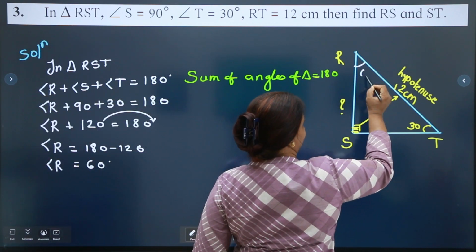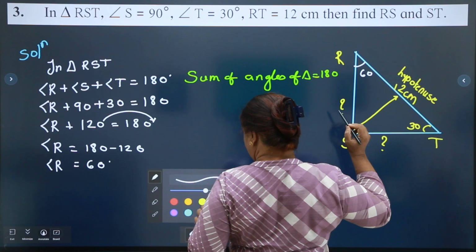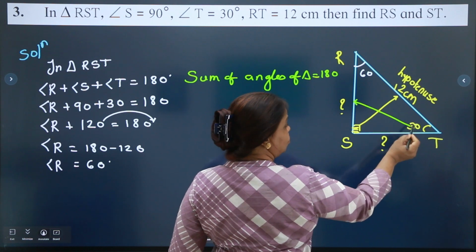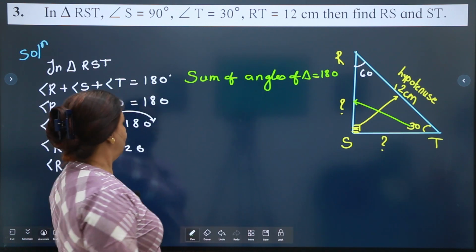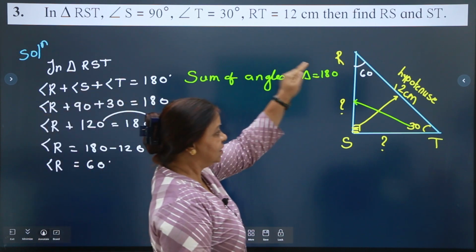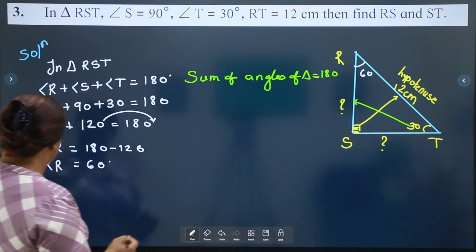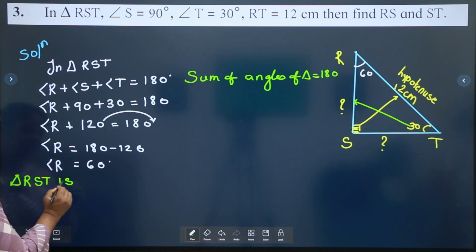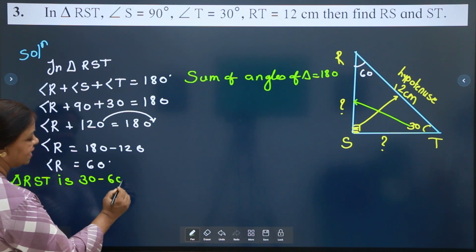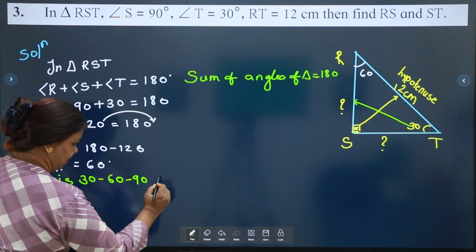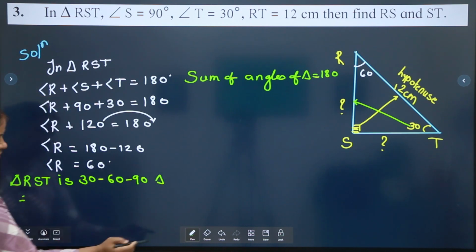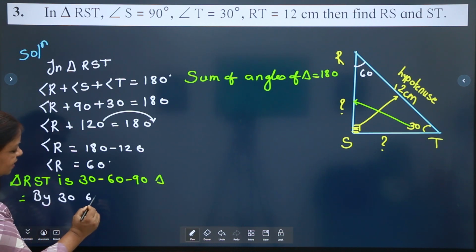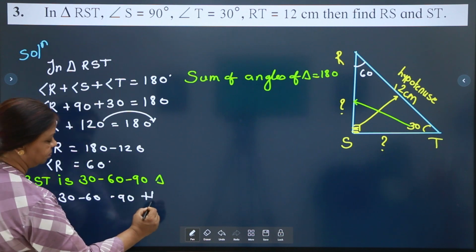Let's label it. Now in this triangle, if you see, RS we have to find out, and RS is opposite to 30 degrees. And this triangle is a 30, 60, 90 triangle. So I can easily write down, triangle RST is a 30, 60 and 90 triangle. So therefore, by the 30, 60, 90 theorem.